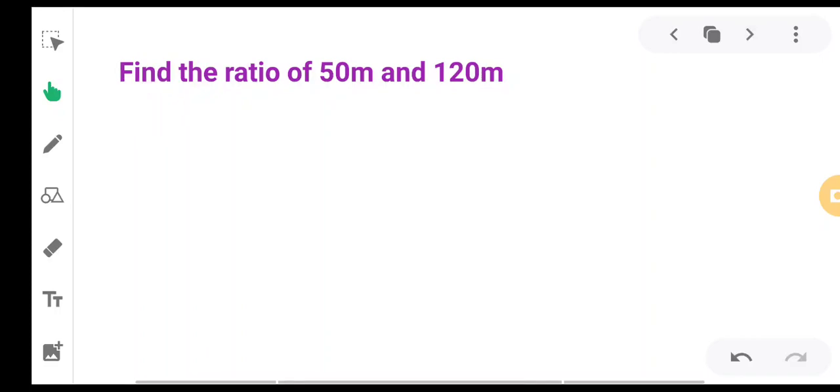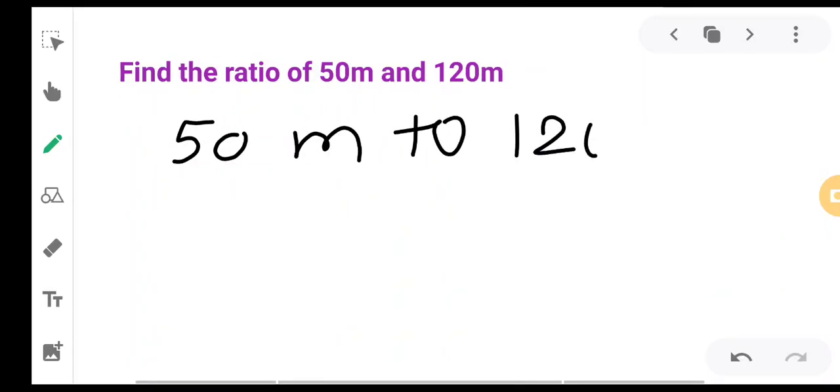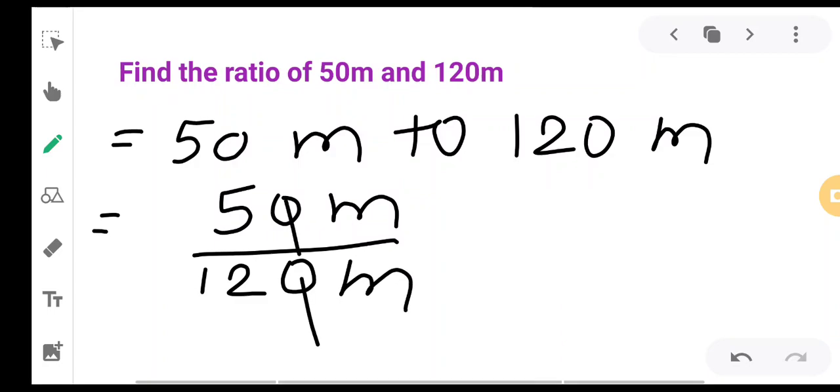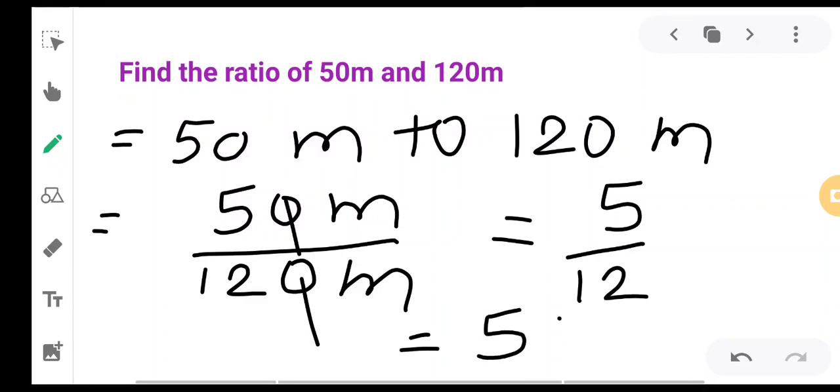The ratio of 50 meter to 120 meter is 50 meter upon 120 meter. Cutting the zeros, there are no units left. So the final answer is 5 upon 12. So we write 5 ratio 12 as our final answer.